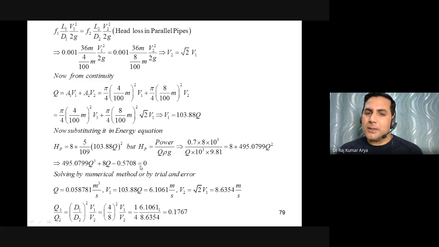So this is a quadratic equation, third order cubic equation actually, sorry. You can solve it by finding a root either by trial and error or some other technique. So if you solve it, you will get Q is 0.058781.